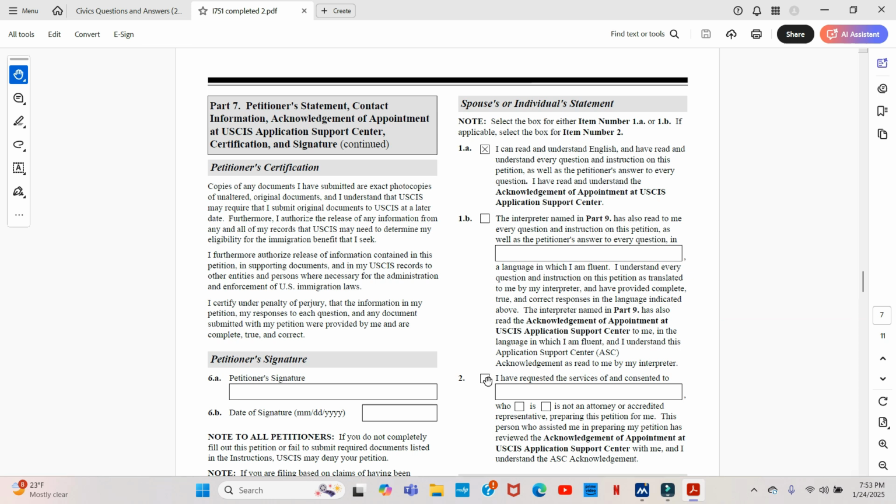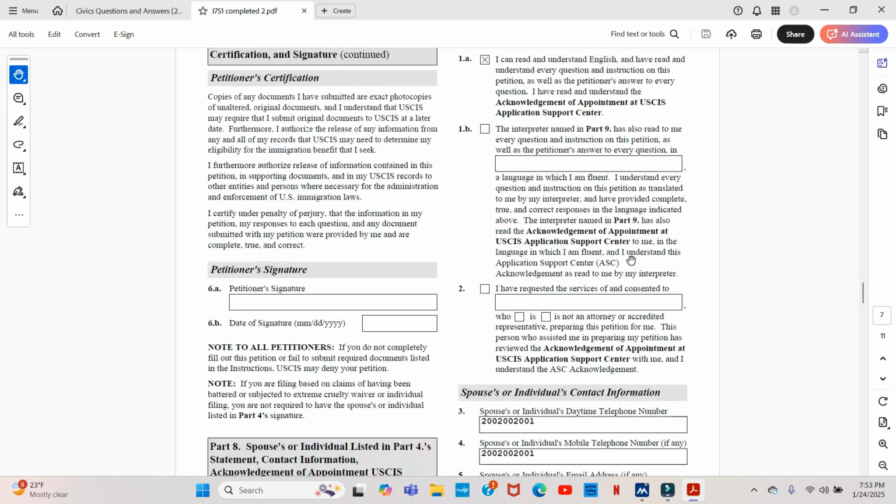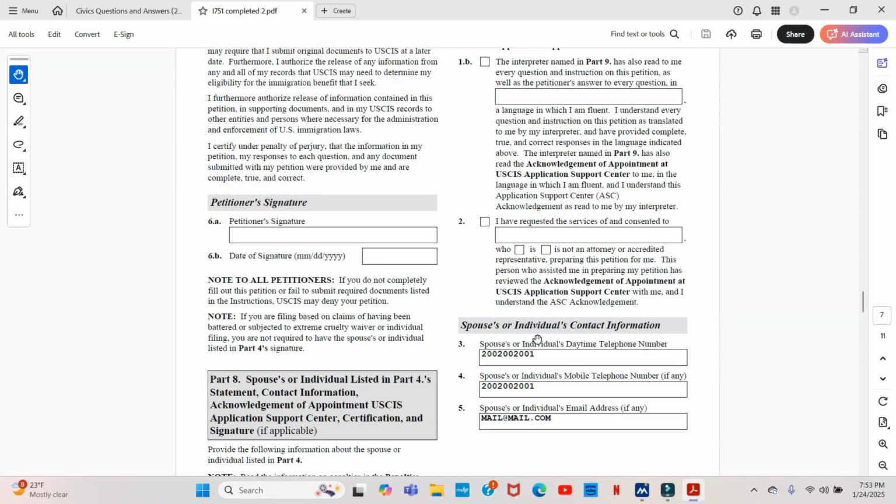And you would check the number that corresponds with the response that's applicable in your situation. Spouses or individuals' contact information. So the spouse of the applicant contact information goes in this section.